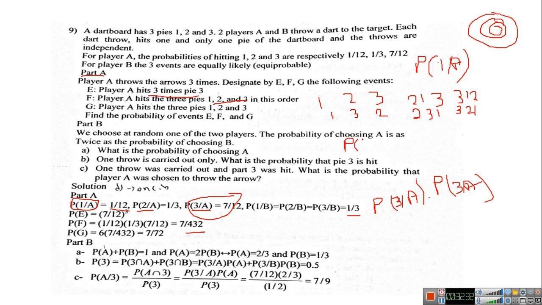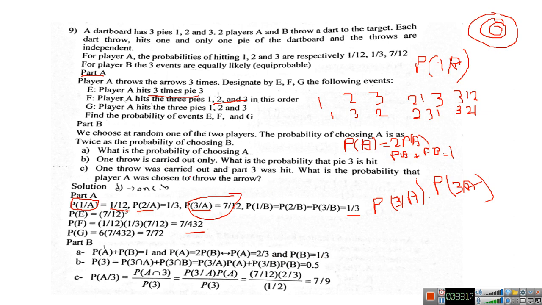They said here that P of A is twice P of B. And you know, guys, that either you're going to choose A or B. So P of A plus P of B is 100%, because either you choose player A or player B. So if P of A plus P of B is 1, and P of A is double P of B, then if you put 2 P of B plus P of B, P of B will be 1/3, and P of A will be 2/3. So choosing A is 2/3 and B is 1/3.